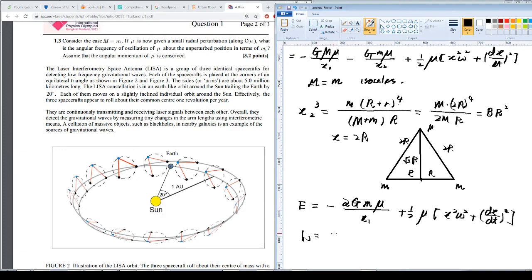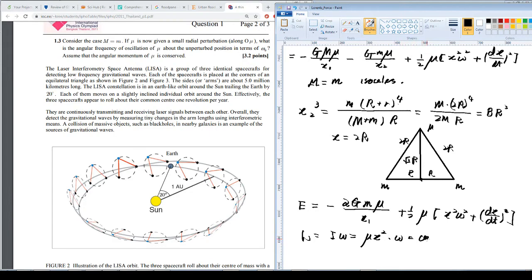The angular momentum of the point mass is mu x squared omega, since I omega is mu x squared times omega.